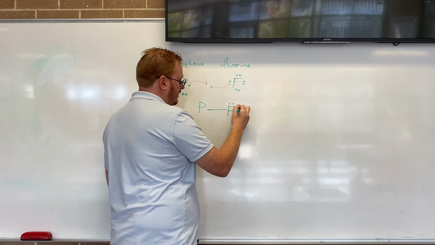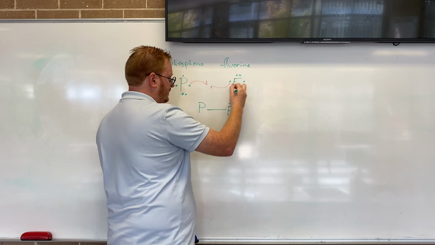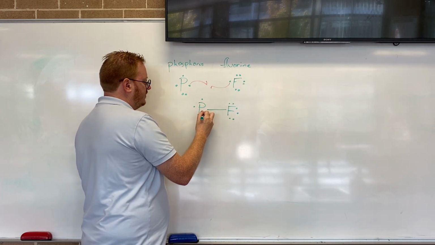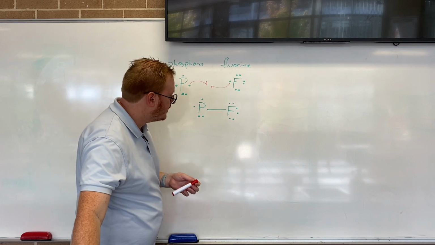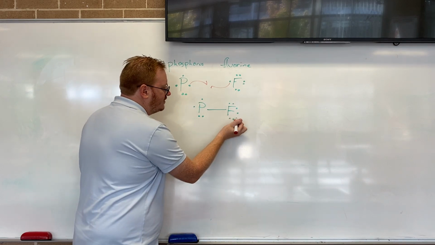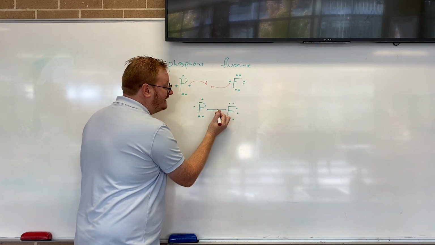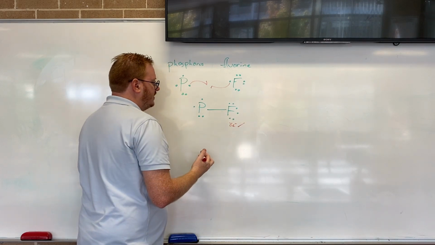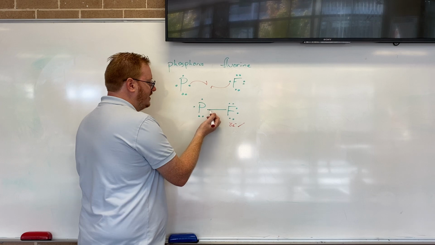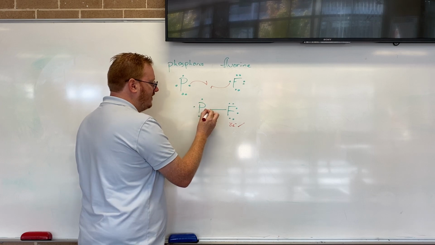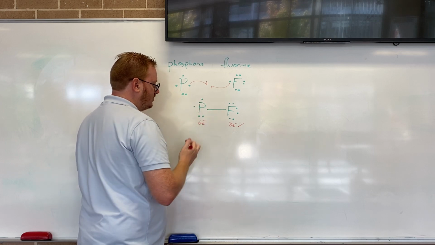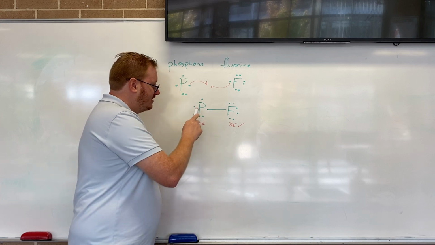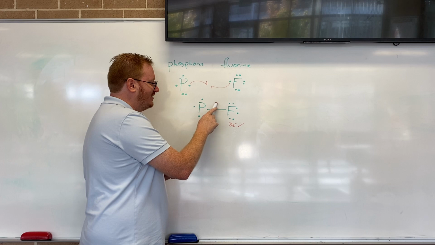1, 2, 3, 4, 5, 6. So that's the 6 that was around there. 1, 2, 3, 4. Okay, let's do some counting. Fluorine here. 1, 2, 3, 4, 5, 6, 7, 8. It's all happy and good. Okay, phosphorus. 1, 2, 3, 4, 5, 6 electrons. It's not good. It hasn't got a full valence shell. It cannot put extra electrons into this fluorine bond.